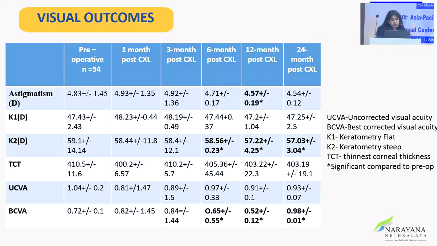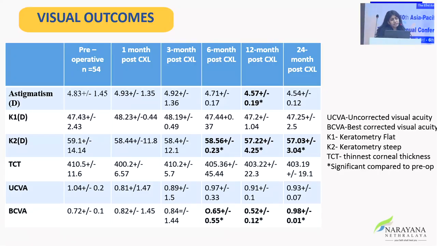Coming to the visual outcomes, there was no statistically significant reduction in the flat keratometry, while the steep keratometry showed a statistically significant reduction at 6, 12, and 24 months postoperatively, which led to an improvement in the best corrected visual acuity at 6, 12, and 24 months.